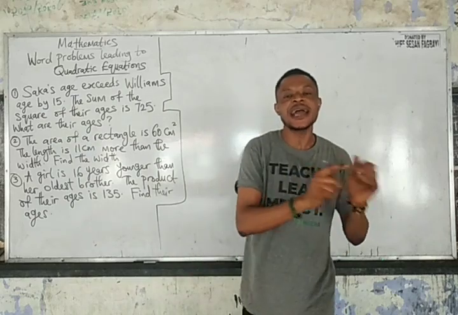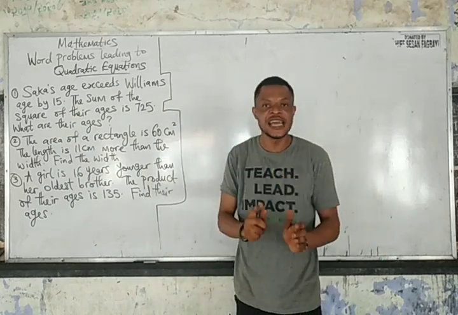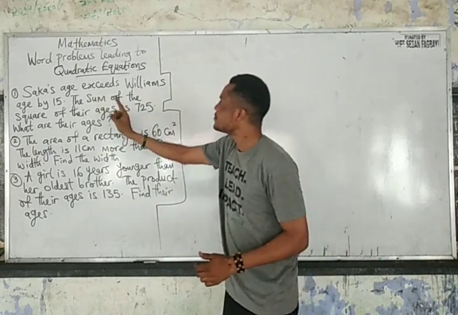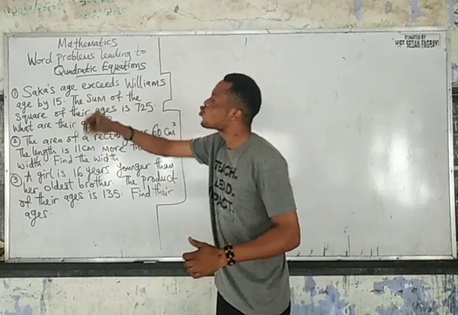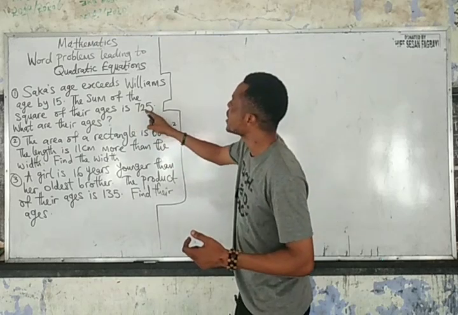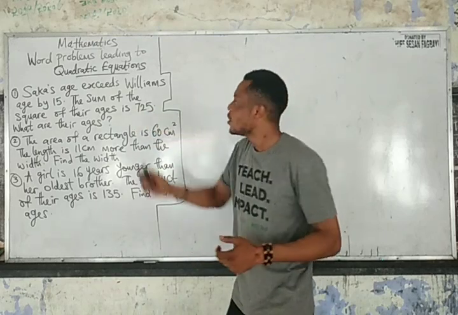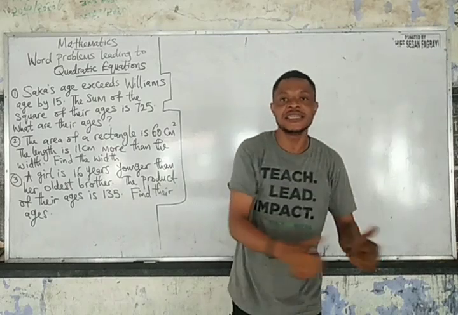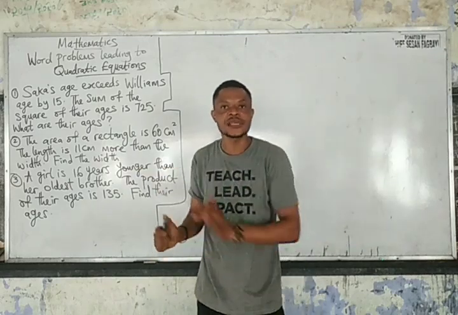That means Saka is 15 years older than Williams. At the same time, the sum of the squares of their ages is 725. What are their ages? We have to find Saka's age, likewise Williams' age.